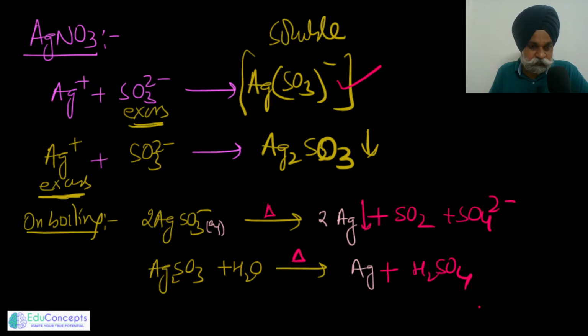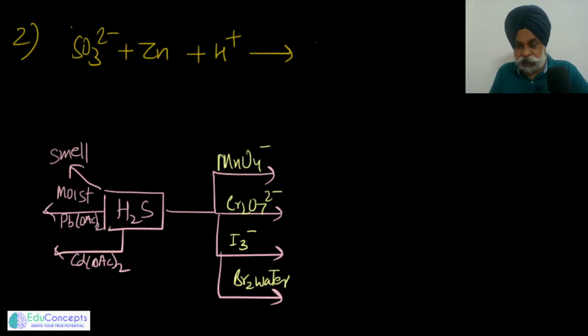Now if I move further, in the second case, when you add zinc, zinc is in zero oxidation state, it is acting as a reducing agent. So this means the sulfur must be in the +4 oxidation state, acting as an oxidizing agent, isn't it? If you think about it carefully.